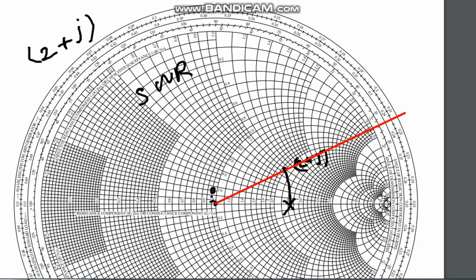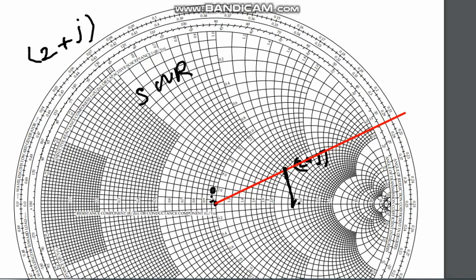Let us find the value of the SWR here. If it is 3, if you try to draw the circle from here, that's the point. It is 3.5.